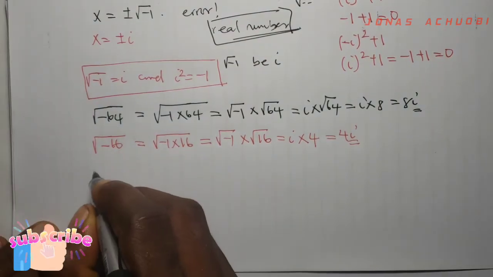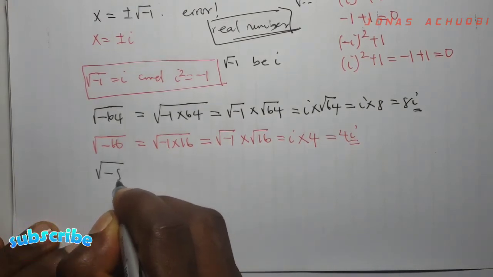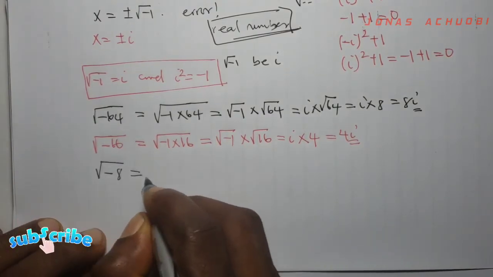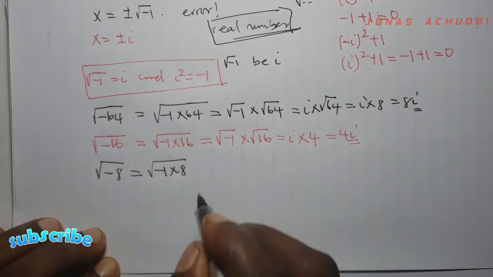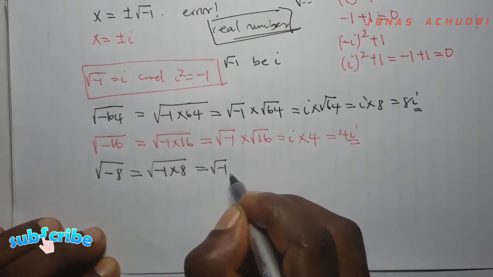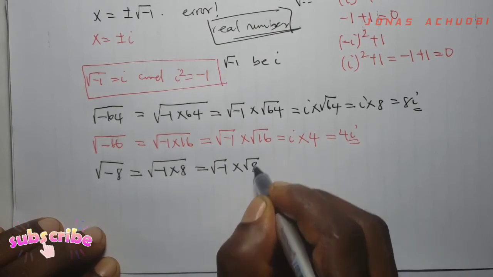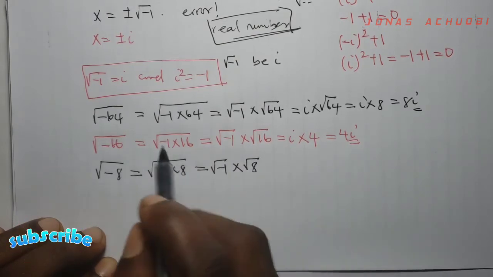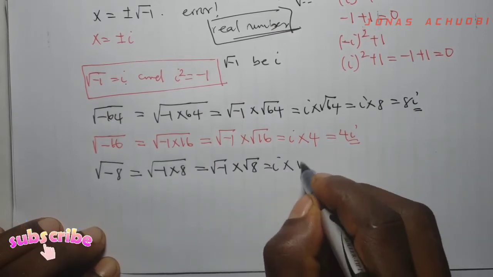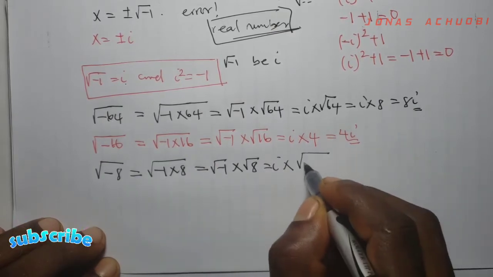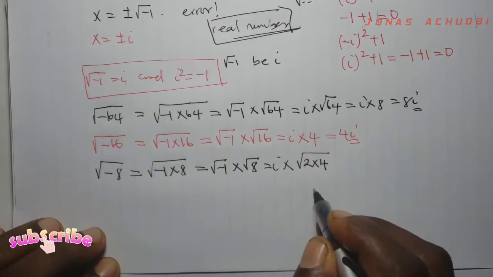Another example is the square root of minus 8. We can write this as the square root of minus 1 times 8. So this becomes the square root of minus 1 times the square root of 8. The square root of minus 1 is i. This is equal to i times, we can now split 8 as 2 times 4.